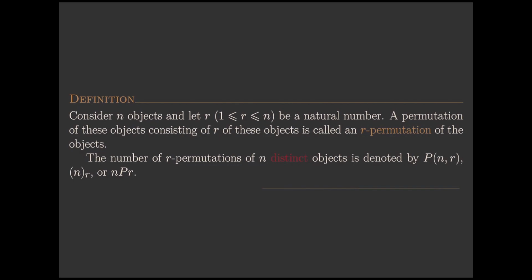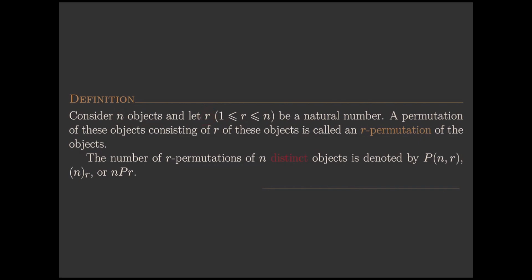So consider n objects and let r be a natural number. The minimum value for r is 1, the maximum value is n. So you have n objects and r is a number from 1 up to n.